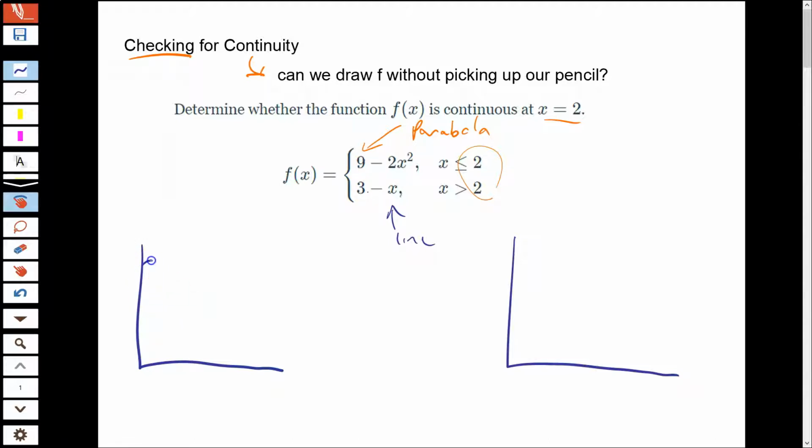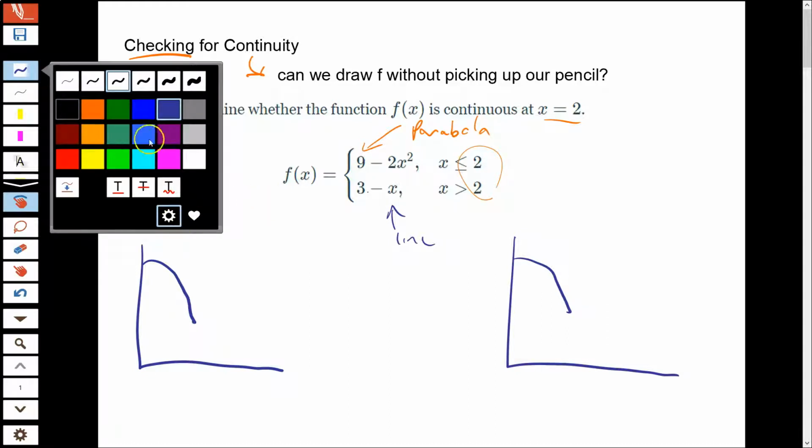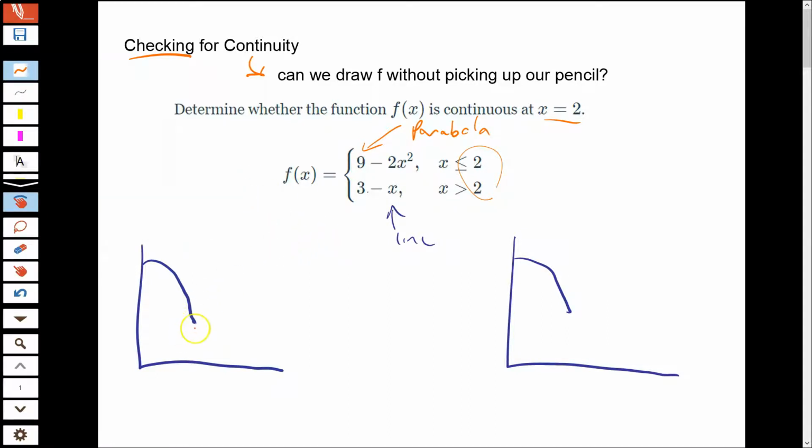So we have a downward opening parabola, right? And then what's happening with our line? Our line is also negative slope, so straight line, and they meet up. This point is obviously x equals 2. So this is our first possibility.